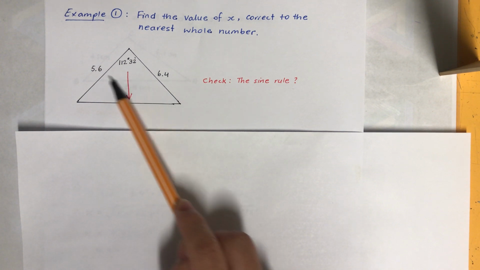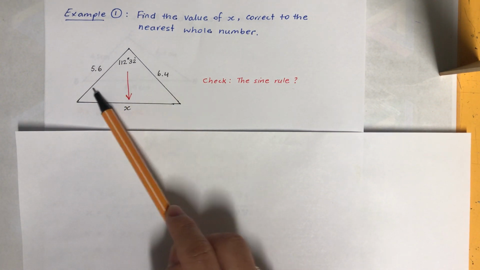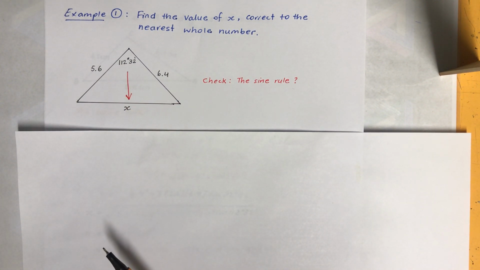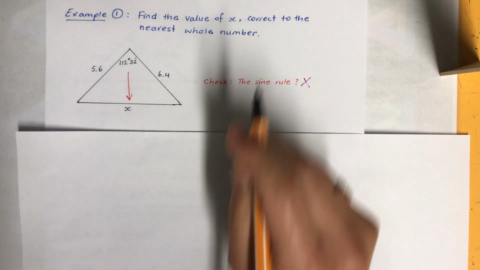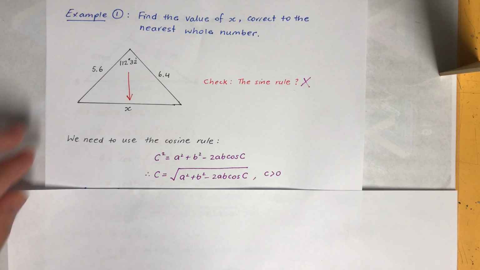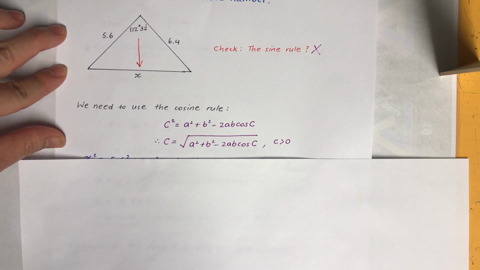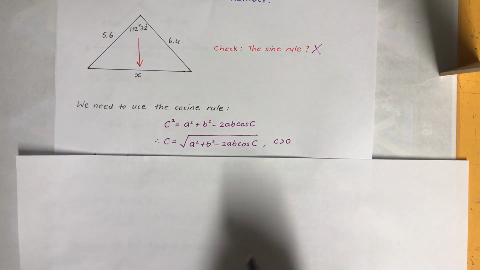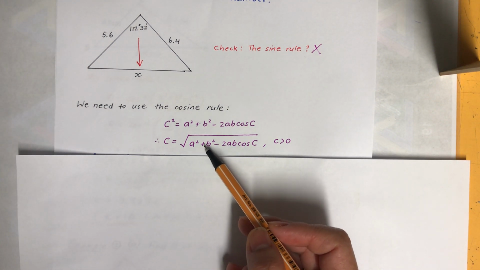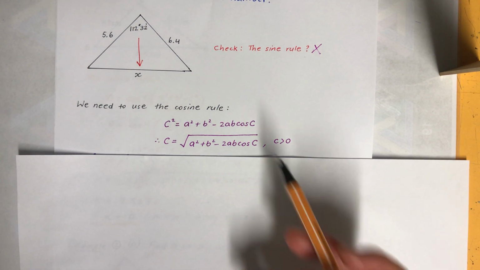Now this is a problem. There are no angles to the two sides that I can match up. Therefore, I can't use that. So we have to use the cosine rule. Now remember the formula. I'm just going to use a quick one. So this is the unknown side.